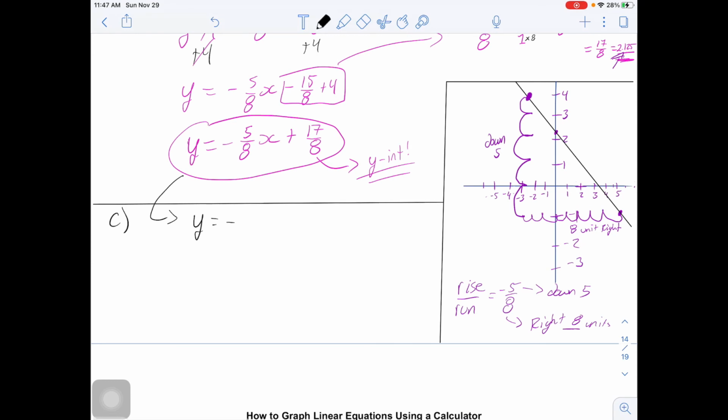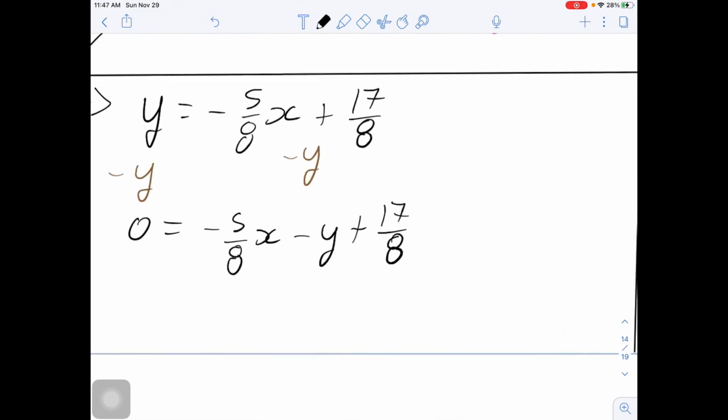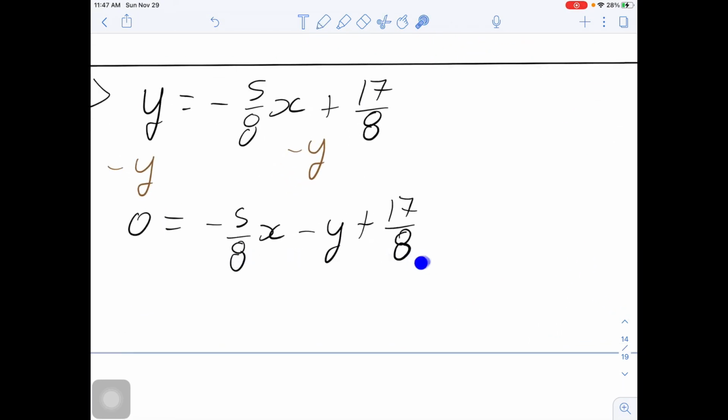So I'm going to take my slope-intercept form, and I'm going to subtract y. So I'll get 0 equals negative 5 over 8x minus y plus 17 over 8. And remember, in order to get rid of these denominators, we're going to multiply everything by the lowest common denominator, which in this case is just 8.